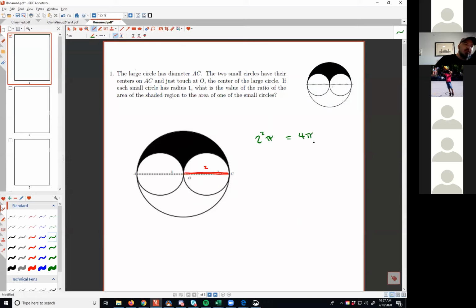Each one of the little circles with radius 1 has area pi. If each one of those has area pi, then we have 4 pi minus 2 pi left over, but the shaded region is half of that. So the area of the shaded region is pi, and the ratio of that area to the area of one of the smaller circles is pi to pi, which is just 1.